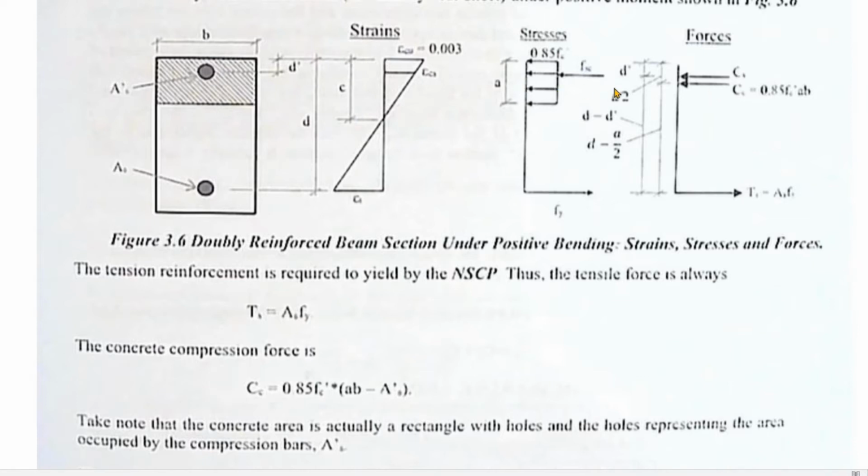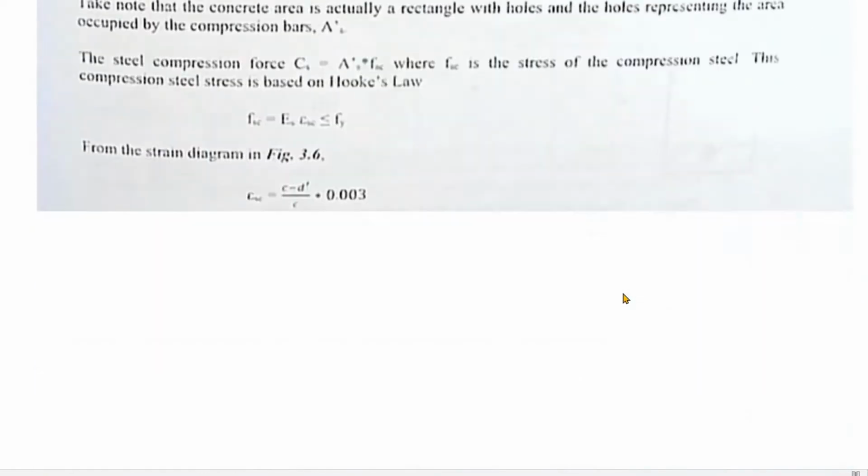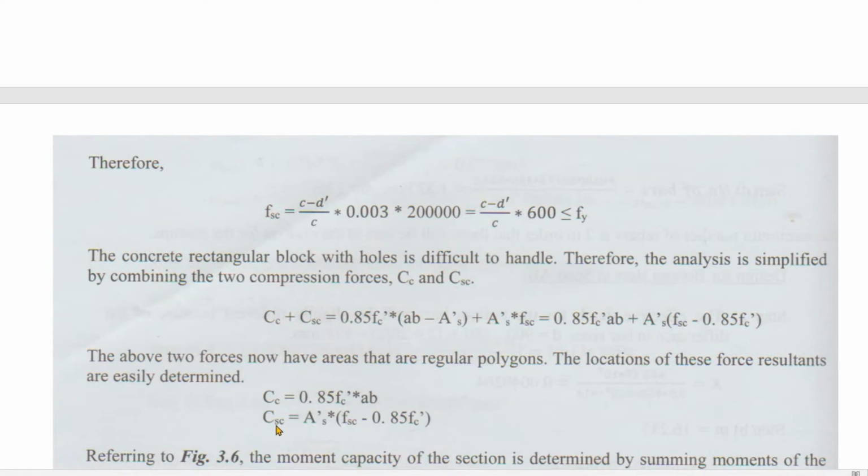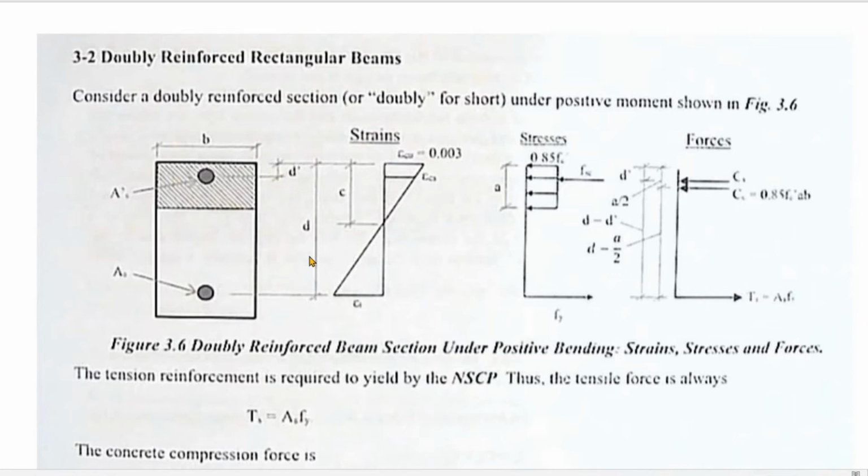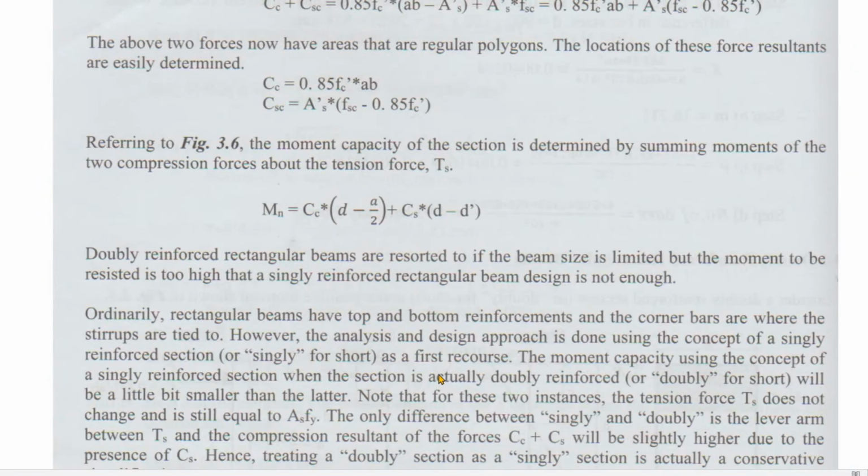Yung gitna niyan. Tapos, yung Csc naman, ayan, ang kanyang lever arm would be d minus d'. Ang location nung compression sa steel is nasa d'. Okay? Ayan. So, ang kanyang nominal moment would be equal to Cc times the lever arm d minus a over 2, plus Cs times d minus d'.